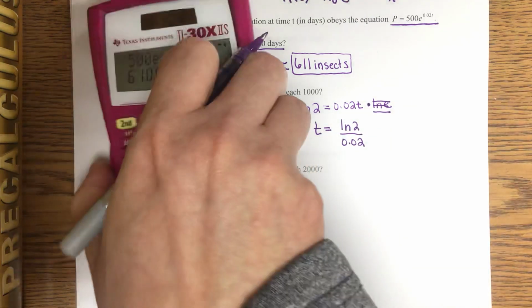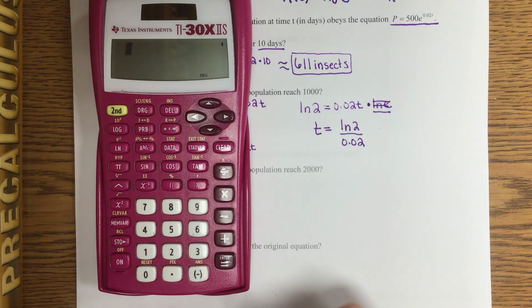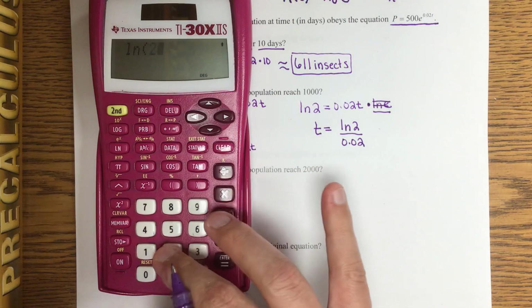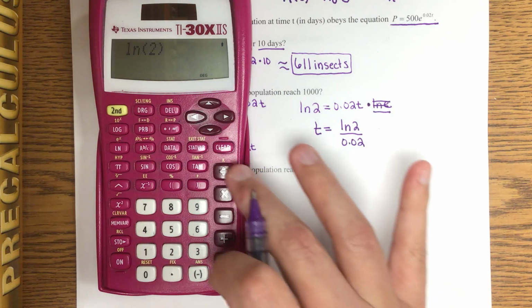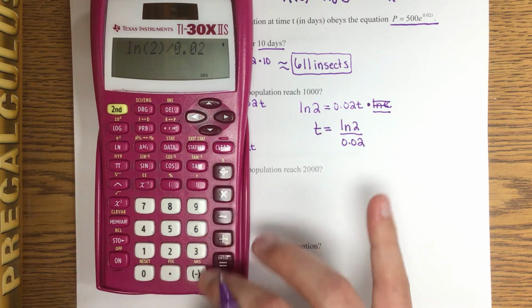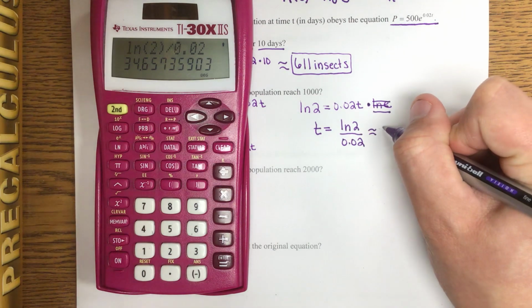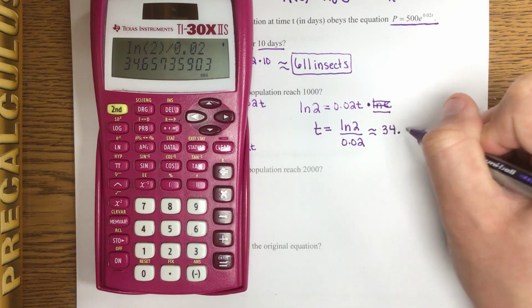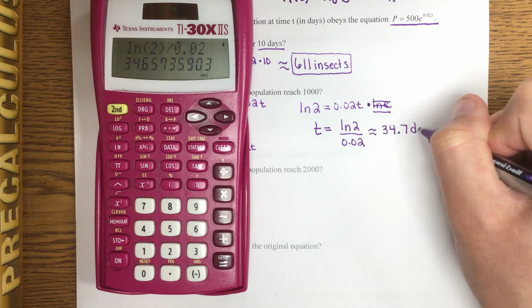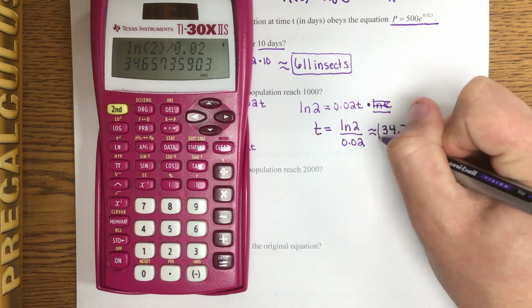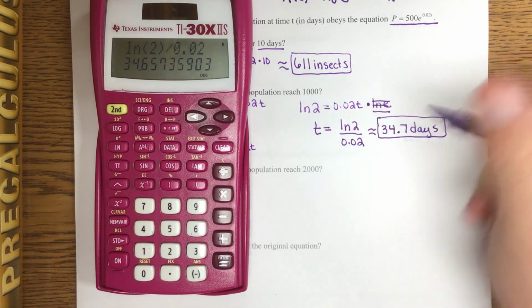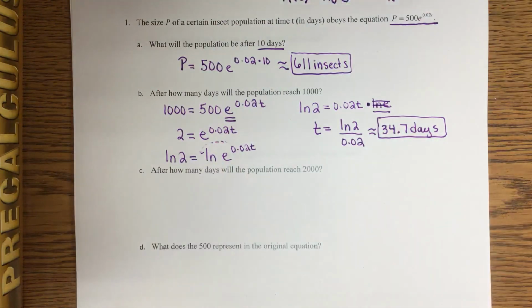It's the natural log of 2 divided by 0.02. So I would close the parentheses around the 2 and then divide. And I can have part of a day, so I'll just round it to the nearest tenth. 34.7 days. So it takes 34.7 days for the population to reach 1,000.